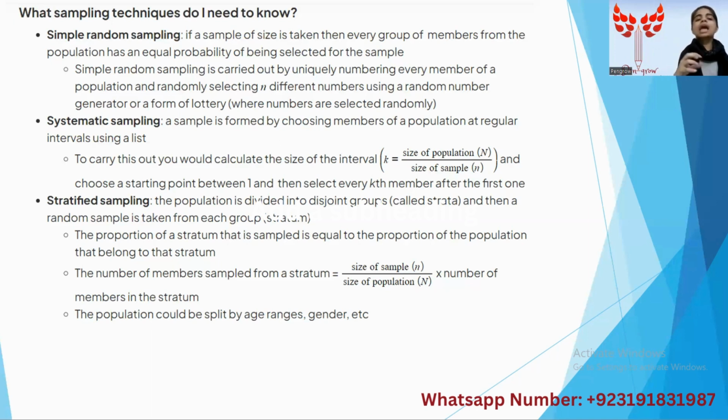And then a random sample is taken from each stratum. So for instance, if we had bulbs, we can take bulbs which were produced today, bulbs which were produced last week, bulbs which were produced older than last week but newer than last month, right? So we made strata, and then we can select samples.